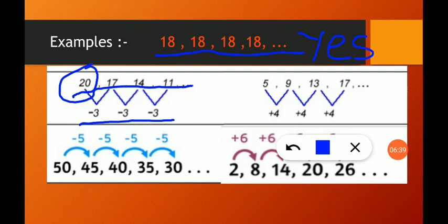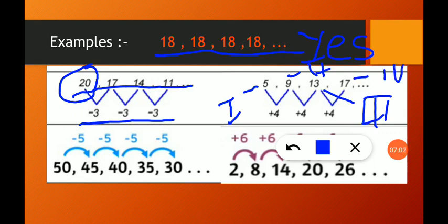We are adding to the first term to get the second term, then the second term to get the third term. The first one is known as the first term, then the second, then the third, then the fourth, and like this we number the terms.